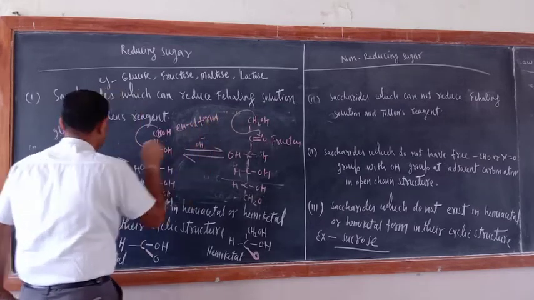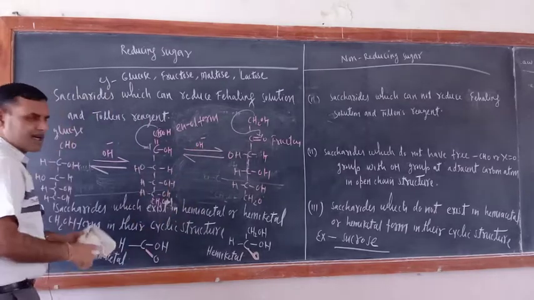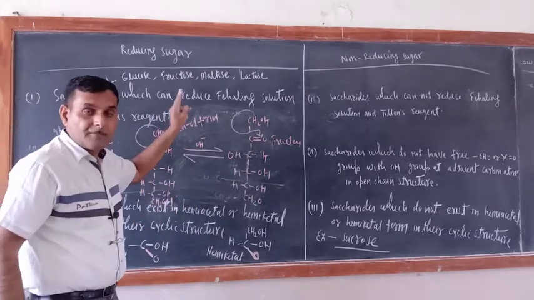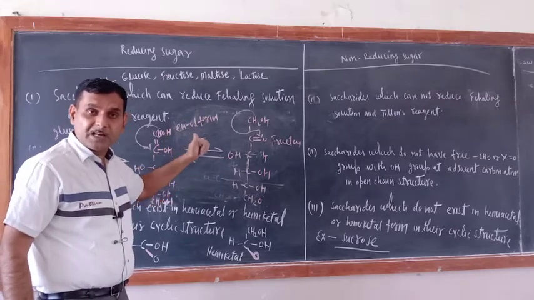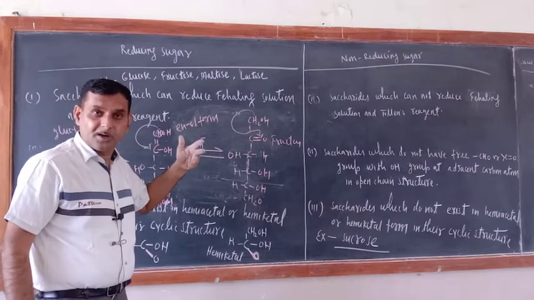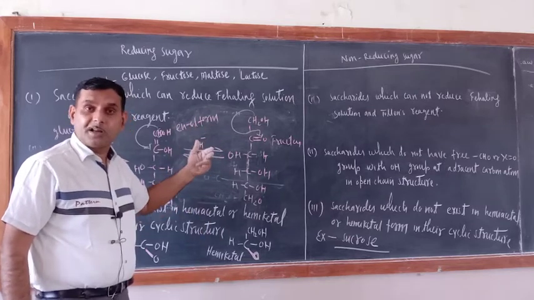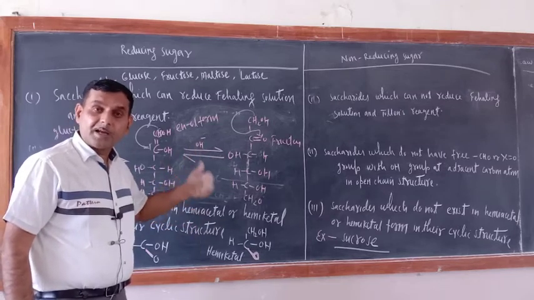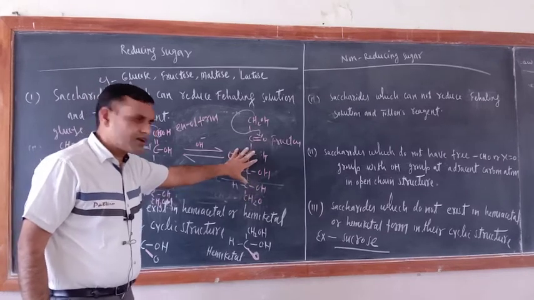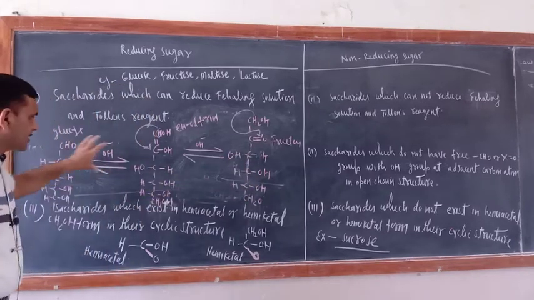Now this happens when you treat fructose with dilute alkali. What is my question? Do you understand or not? Fructose has a ketonic group, nevertheless it reduces Tollens' reagent and Fehling's solution. That is why it is called a reducing sugar. Why is it called a reducing sugar despite having a ketonic group? Because fructose isomerizes into glucose in this way.